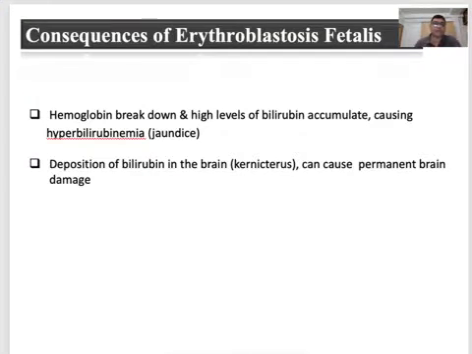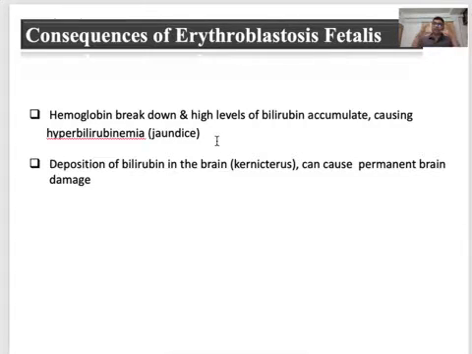Now, what are the consequences of erythroblastosis fetalis? If this occurs, what will happen? The hemoglobin will be broken down and high levels of bilirubin will accumulate in the blood circulation. This will cause hyperbilirubinemia, which is called jaundice.